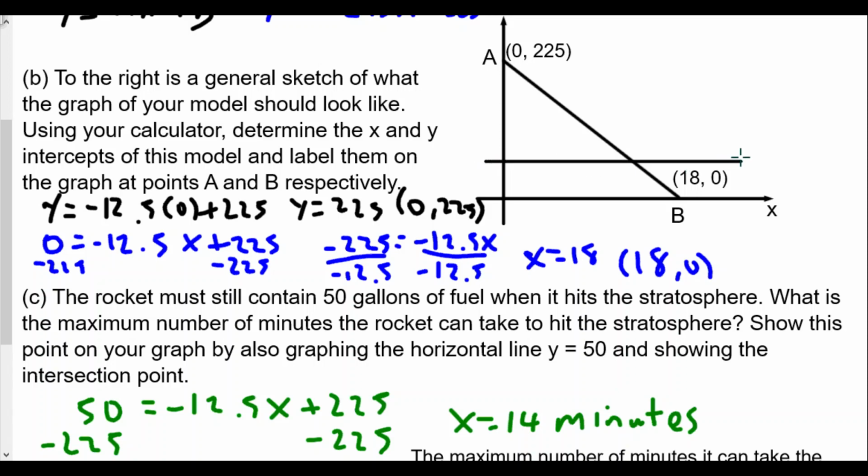Okay, and so here's my horizontal line, and at this intersection point, which we'll mark in red, hope it comes on red, right here, will be a coordinate of 14, 50, meaning after 14 minutes, there'll be 50 gallons of fuel left.